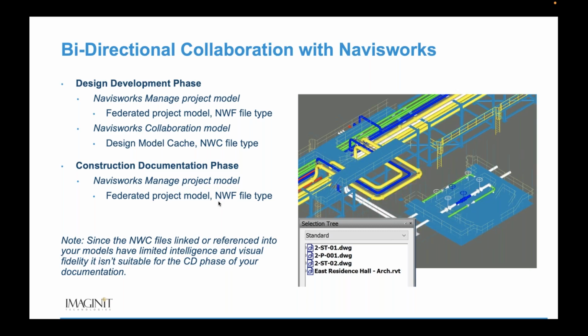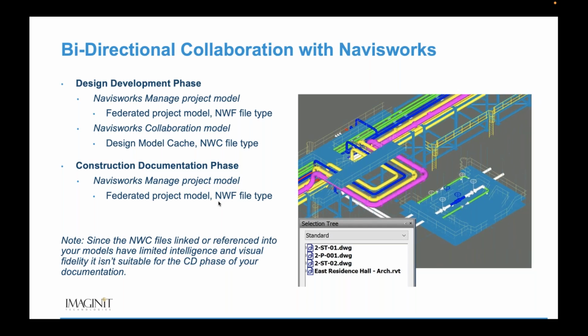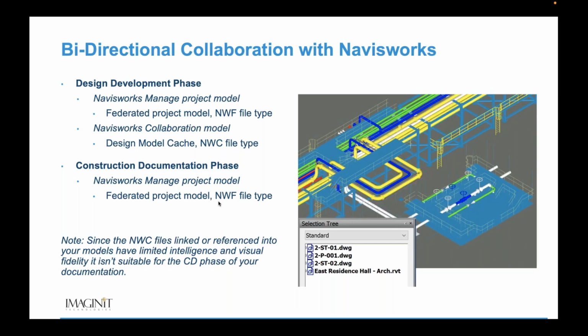As I step forward and step back here, you'll see an example of a pipe run that is visible in the first image and is not visible in the secondary image. That's a result of a change to the design model, in this case, a Plant 3D piping run. Once that drawing was modified and saved, the NWC file was able to be refreshed to show those changes.